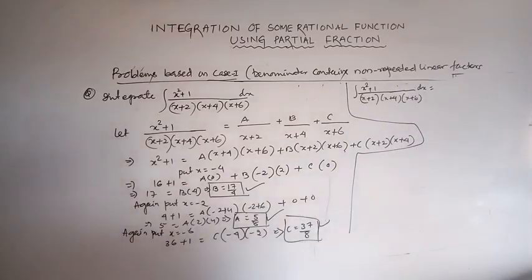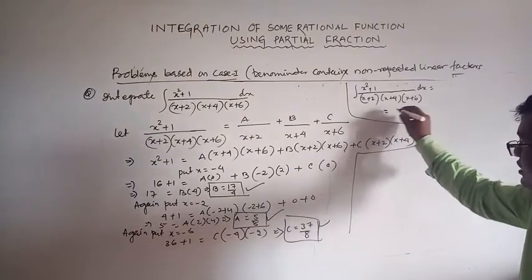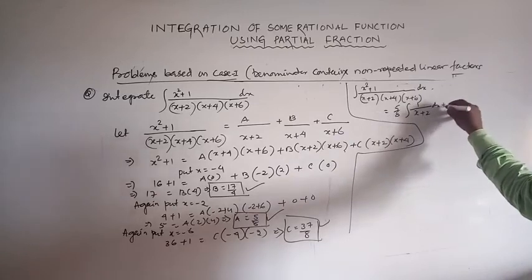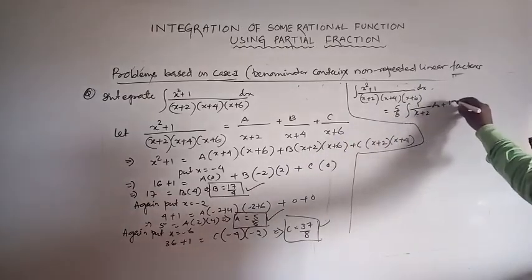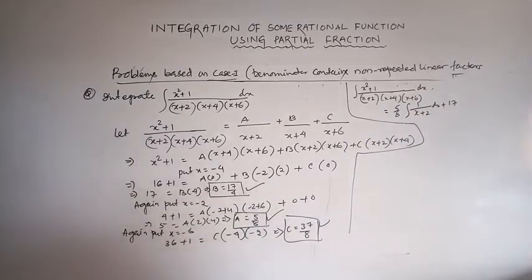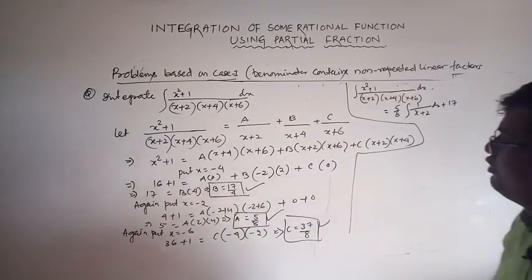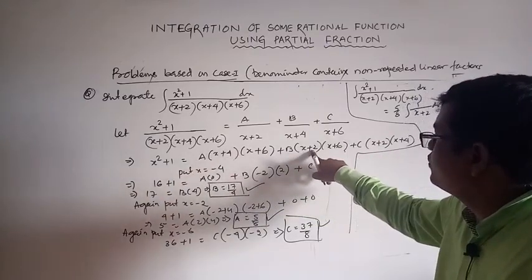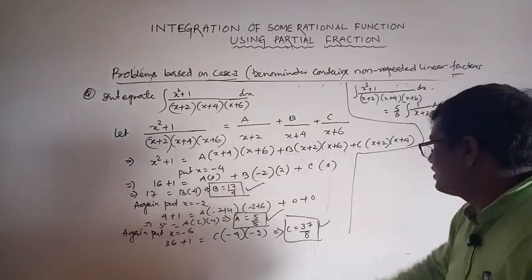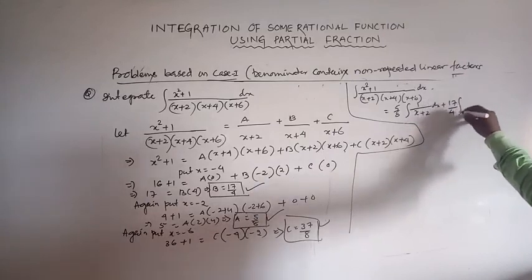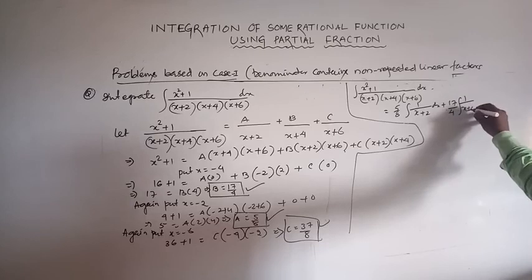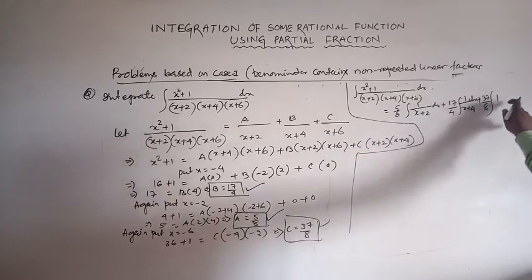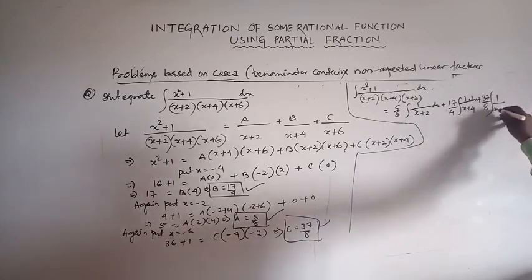The value of A is 5 by 8, so this is 5 by 8 into 1 by (x plus 2) dx, plus B, which is 17 by 4, into 1 by (x plus 4) dx, plus C, which is 37 by 8, into 1 by (x plus 6) dx.